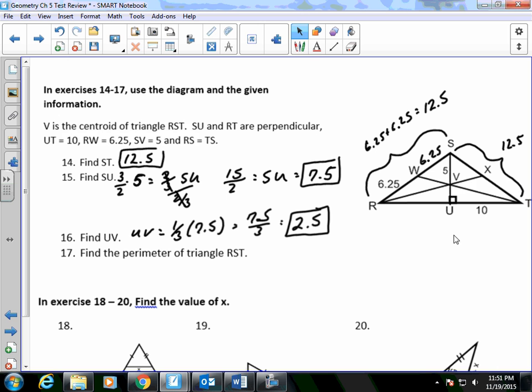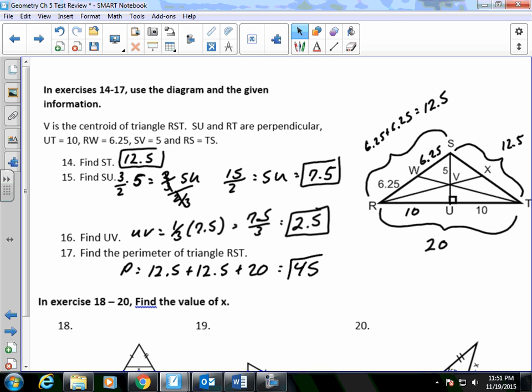So if UT is 10, then RU is 10, giving us a total length down here of 10 plus 10, or 20. And so the perimeter is simply those three sides added together. So 12.5 plus 12.5 plus 20. That's 25 plus 20, or 45.